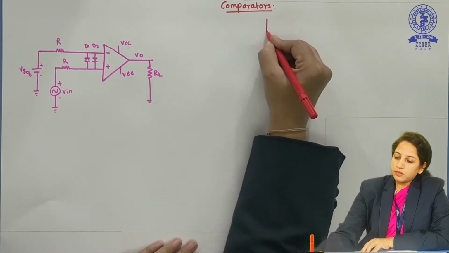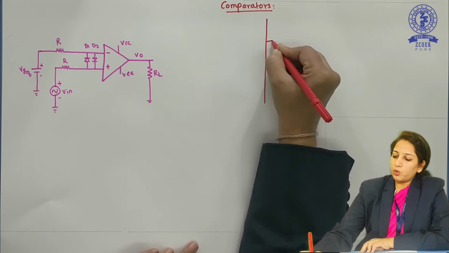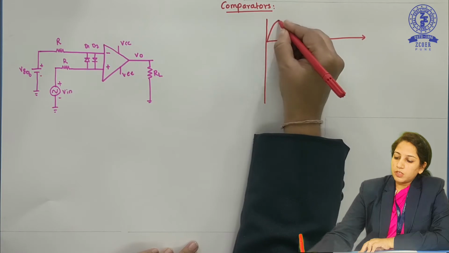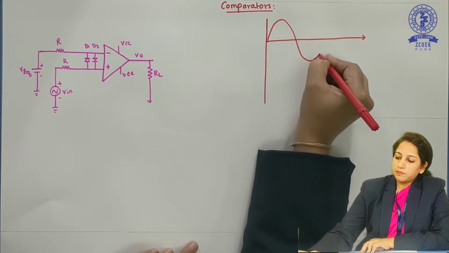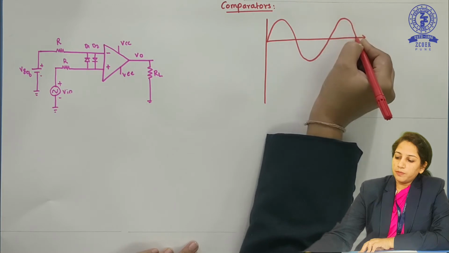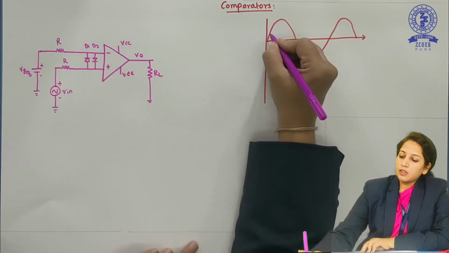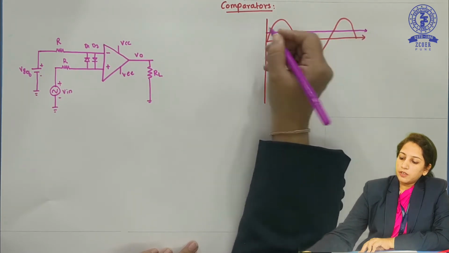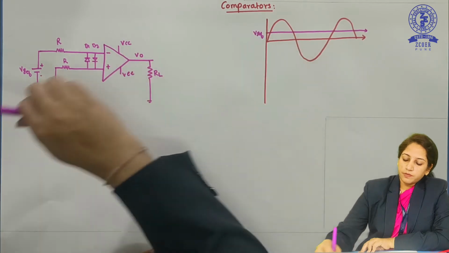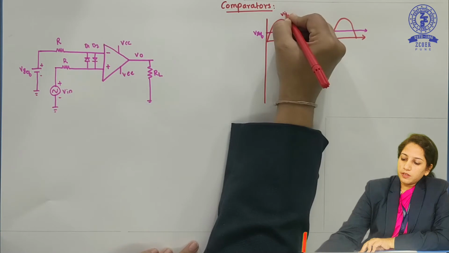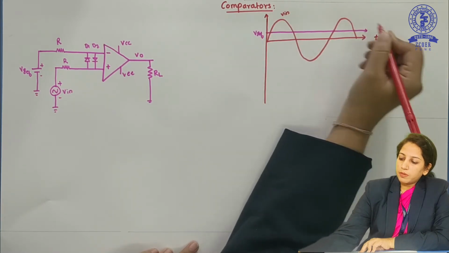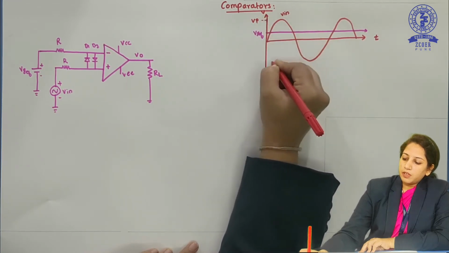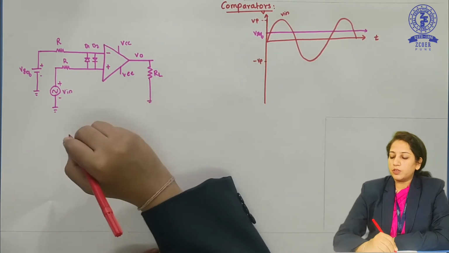So let's see how my output will be. This is my input signal V in. I will provide a reference signal. This is V reference, this is V in, this is the time axis, this is the voltage axis, this is V peak, and this will be minus V peak voltage.